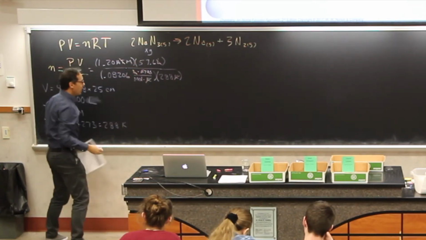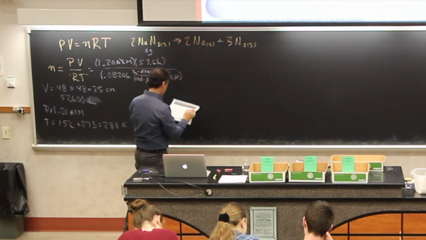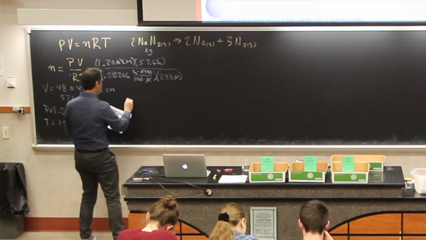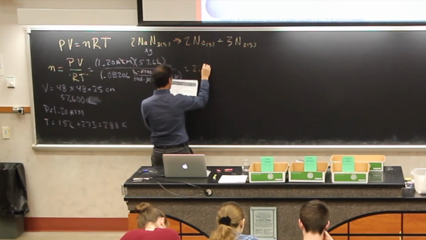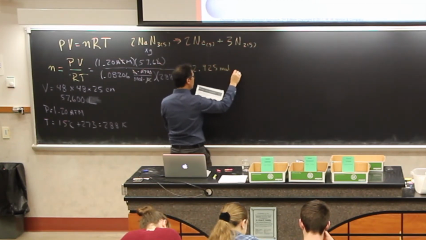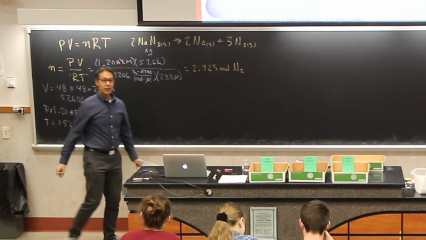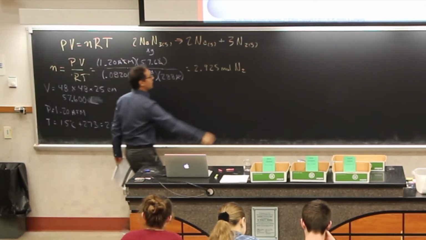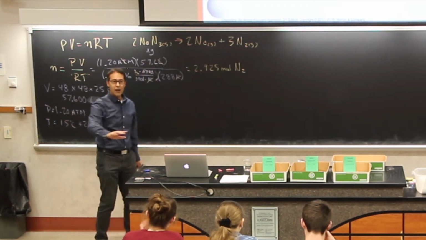So that's moles. When I'm all done with this, I end up with 2.925 moles of nitrogen. Now I'm feeling pretty good. So I've got moles of nitrogen here. Any questions so far?